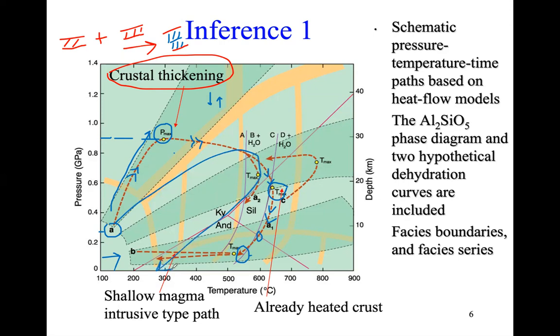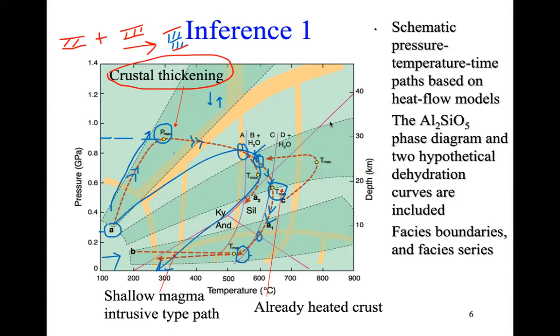So there you can see the Pmax recorded here, and Tmax recorded here, very close to each other, right? But maybe the Pmax point is a little bit higher, but there is not a very significant decompressional heating component. So without a decompressional heating component also, you can have typical crustal thickening PT paths.